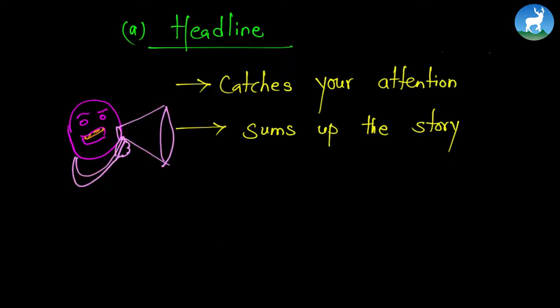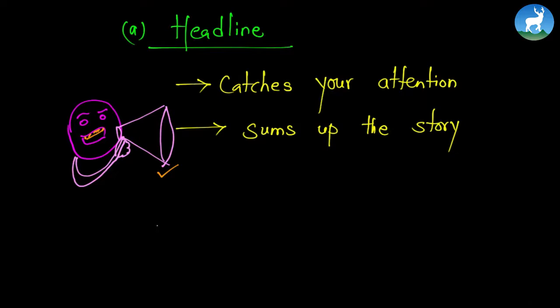One, it catches your attention, and the second is it sums up the story. It is like someone shouting, as you can see in the figure. A headline literally shouts. It says, okay, look here, and read this story. Bus mishap kills 40. Now it catches your attention.